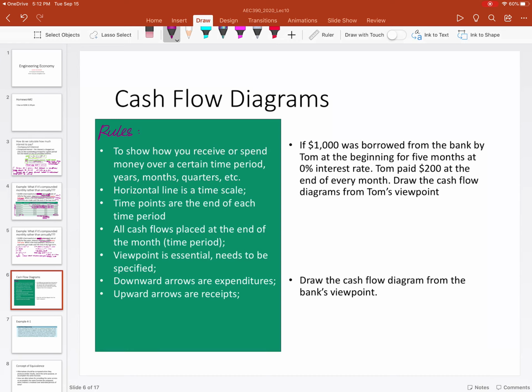So you always have a timeline, and on the timeline you can show your money received and spent. And the second rule is you draw a horizontal line as your time scale. That's very easy to understand.